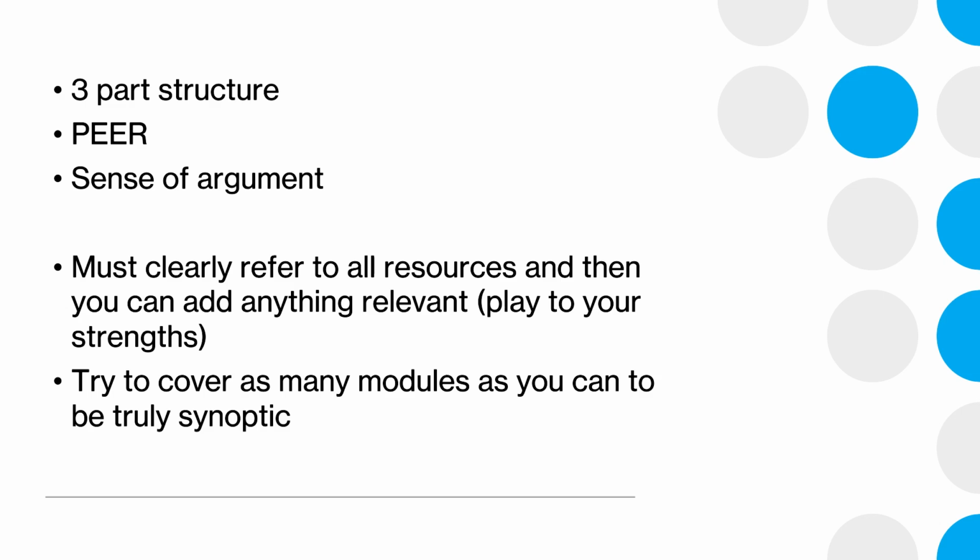If any of that sounds familiar, the PEER technique could be your saviour. Because as long as you do those 4 things in every paragraph, you sort of can't go too far wrong.